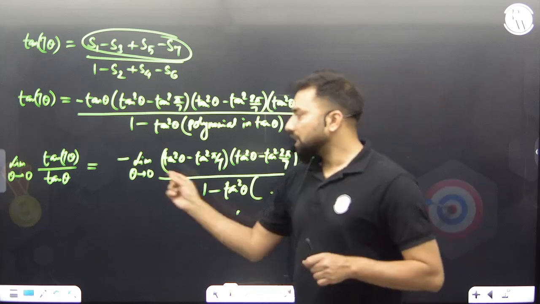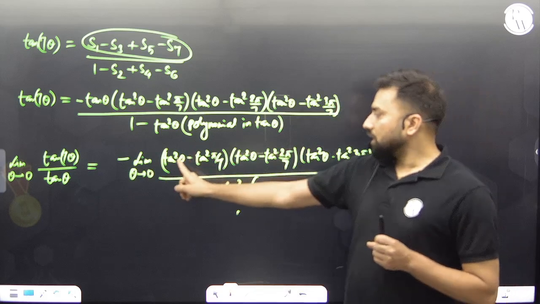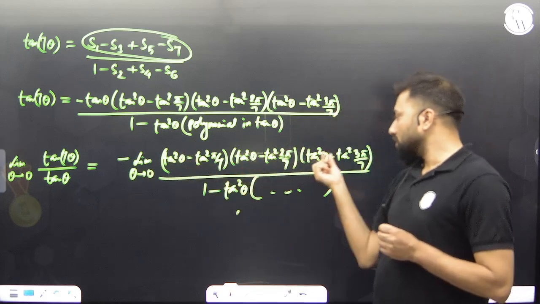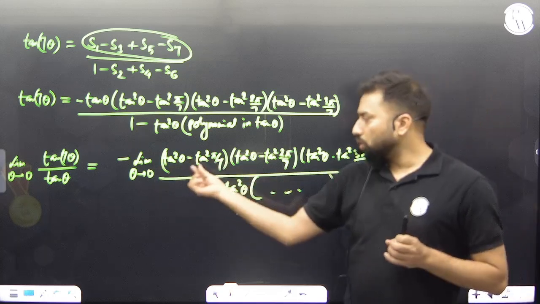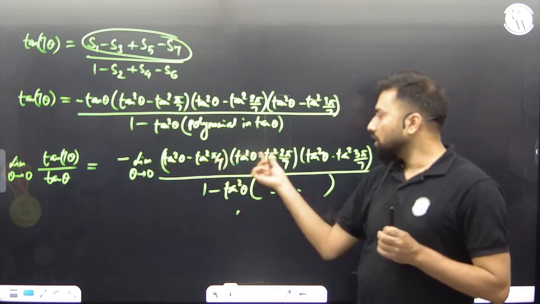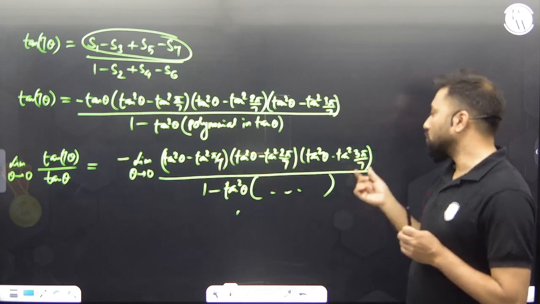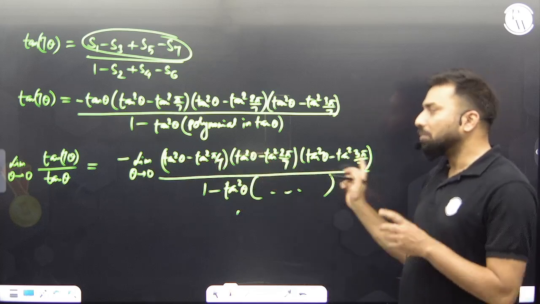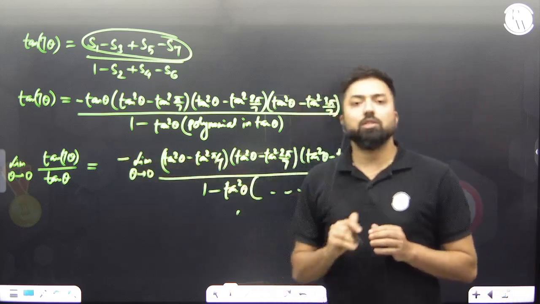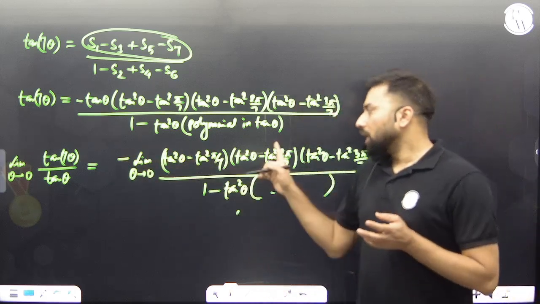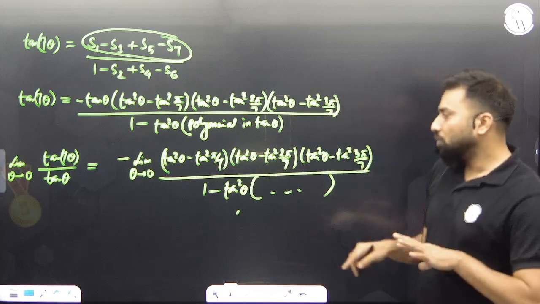Now if I put theta equals 0, this would become 0, this is 0, this is 0. So this would mean minus tan square pi by 7, minus tan square 2 pi by 7, minus tan square 3 pi by 7. This will get multiplied with a negative sign, so eventually this will become positive in the numerator. In the denominator what will happen?